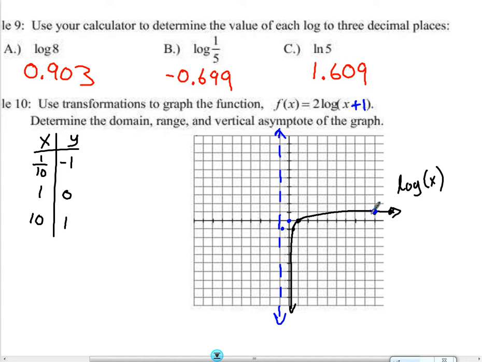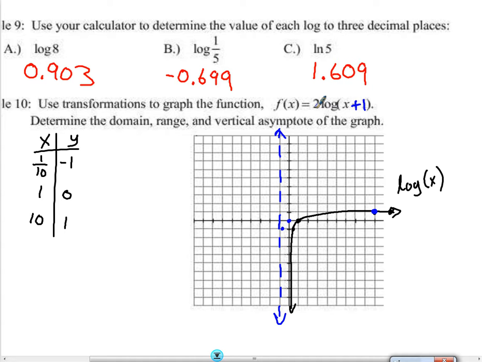Think about it. I'm multiplying the entire outside of the log function by 2, right? What's not going to change is the x values, because that's on the inside. What's going to change is these y values, because I'm multiplying the log function by 2. So when I multiply -1 by 2, what do I end up at? -2. So here, -1 really goes down to -2.